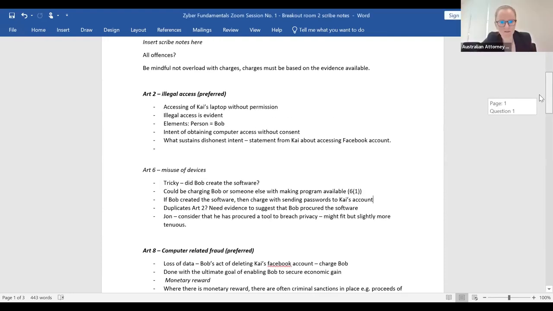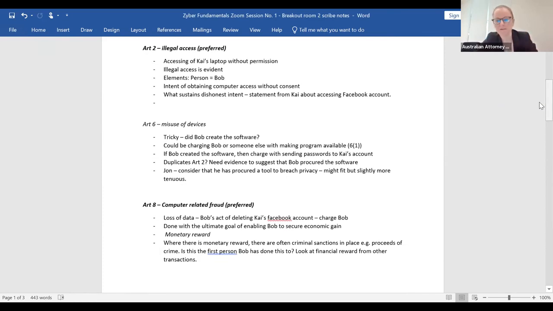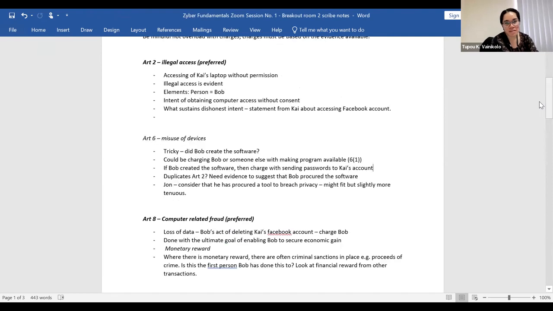Thanks, Ayaz. I might just also add that some people thought that more information was required to determine what the situation was with Article 2. I think, Tupou, you had some thoughts on that. Did you want to elaborate? Just illegal access.